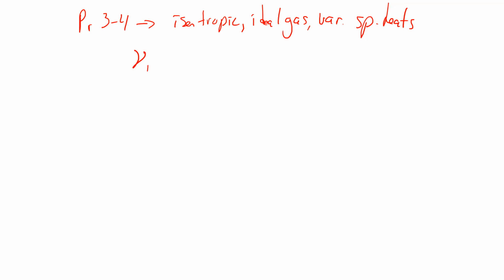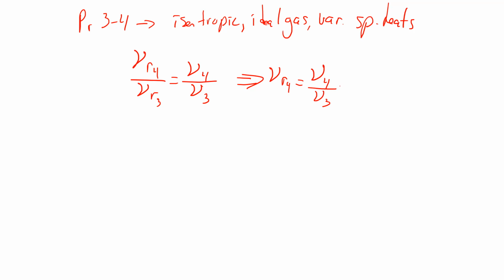That tells me that the relative volume at 4 over the relative volume at 3 is equal to v4 over v3. So the relative volume of state 4 is equal to v4 over v3 multiplied by the relative volume of state 3.